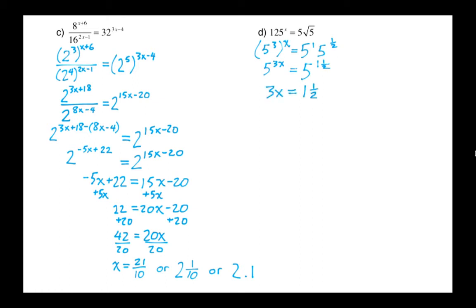So the 3x is equal to 1 1/2. And now I can divide both sides by the coefficient of the variable and get x equals to 1/2. So if you didn't realize that 1 1/2 is 1/2 of 3, well, there you go. It is. And you can go ahead and check that if you want, and you should find that it works out.